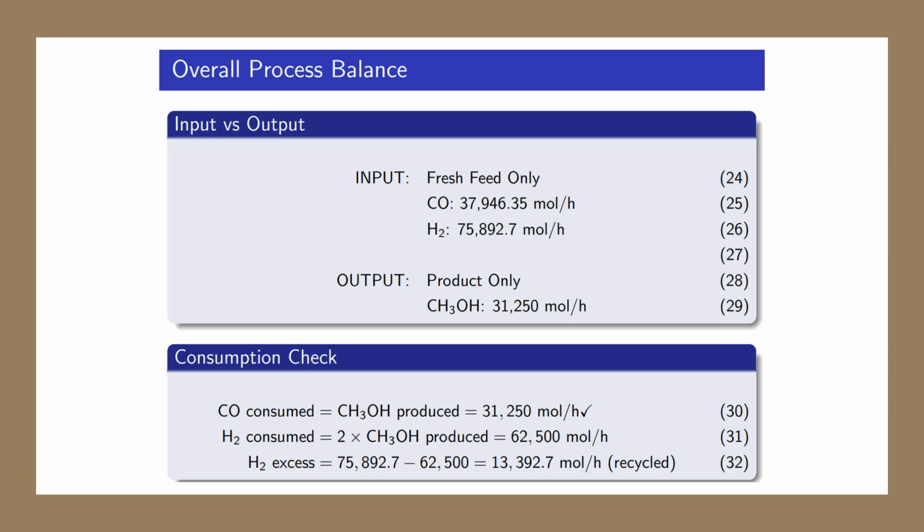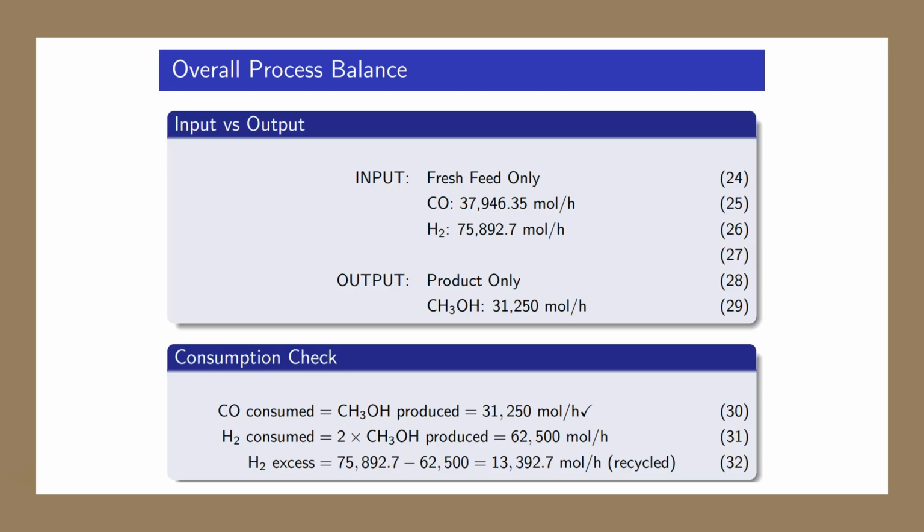Now here, overall process balance. Input, fresh feed only: carbon monoxide 37,946.35 mole per hour, hydrogen 75,892.7 mole per hour. Output, product only, that is CH3OH, 31,250 mole per hour. Now we can check the consumption.